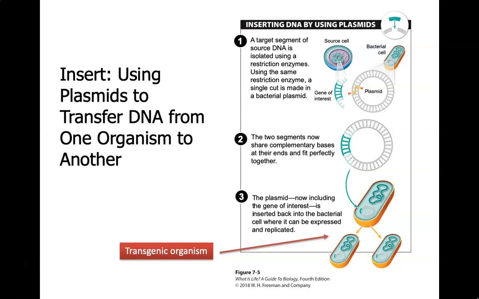So that DNA sample that we just amplified is going to be inserted into the bacterial cell. And when we do that, we have to put it into another piece of DNA. We're going to insert it into a plasmid. A plasmid is a small piece of DNA that is found in a bacterial cell.